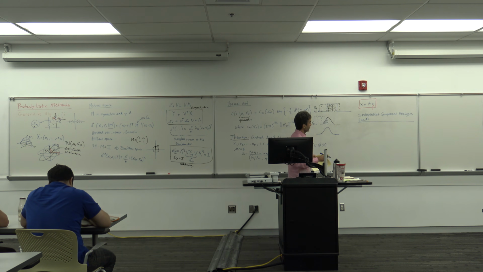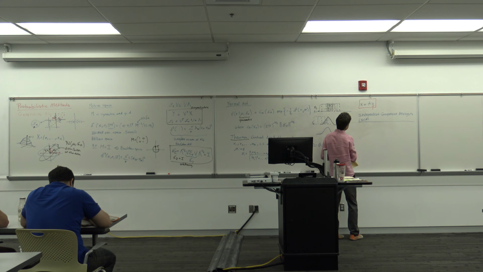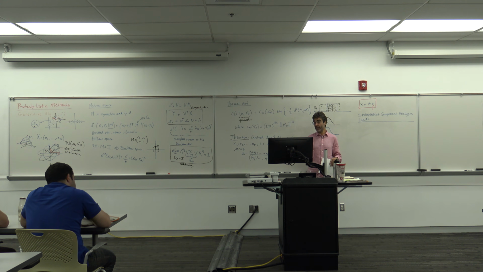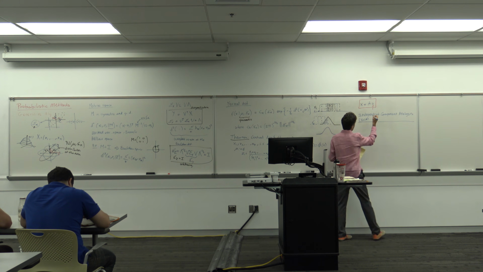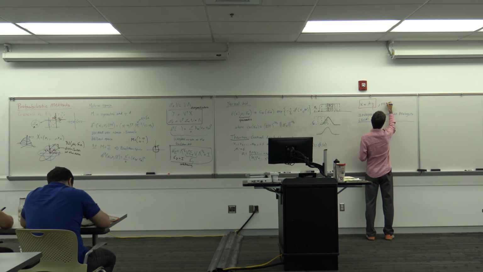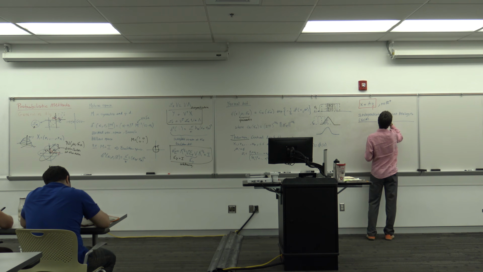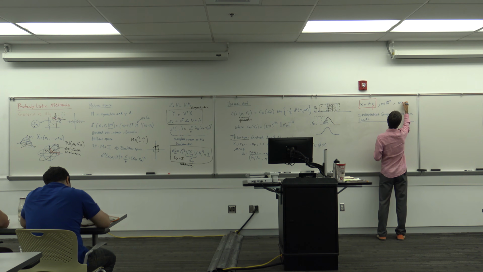So again, we start with this model, x equals As. We assume that I have an observation x that is a linear combination of my sources. For simplicity here, as always, x is in R^p and s is in R^q.